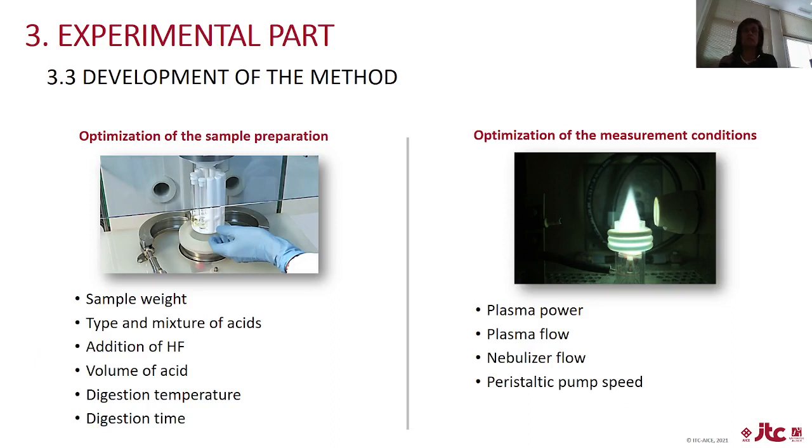The optimization of the sample preparation was carried out studying the following variables: the sample weight, the type and mixture of acid, the addition of fluorhydric acid, the total volume of acid, the digestion temperature, and the digestion time. And the optimization of the measurement conditions was carried out changing the plasma power, the plasma flow, the nebulizer flow, and the peristaltic pump speed.